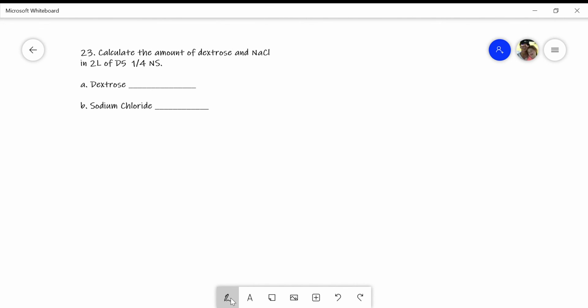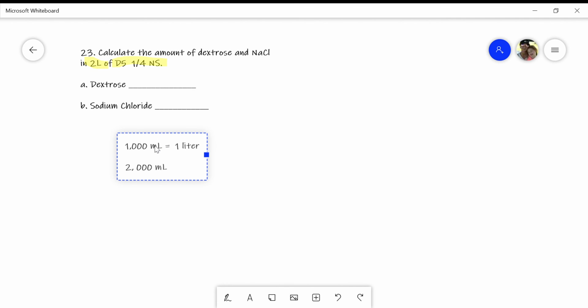Okay, so calculate the amount of dextrose and NaCl in 2 liters of D5 quarter NS. So first things first, you've got 1,000 milliliters per liter. All right, got that.